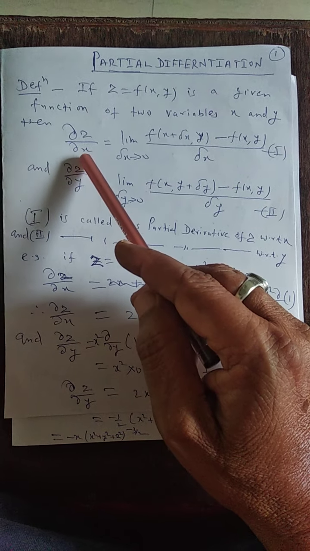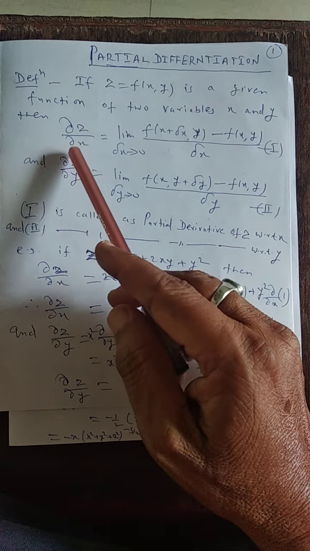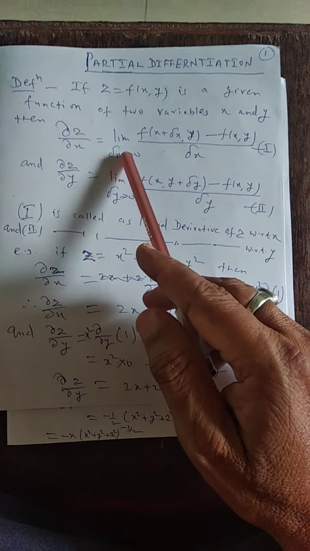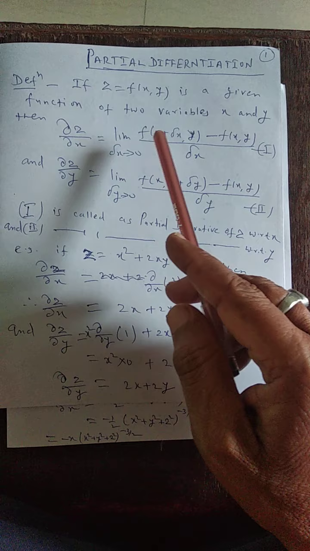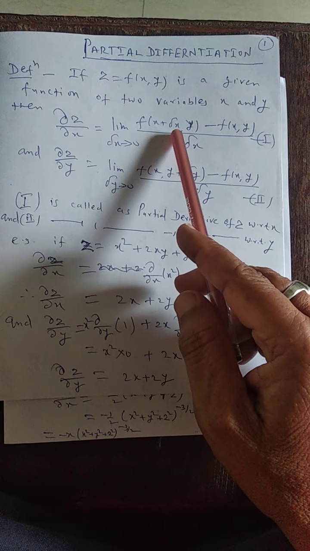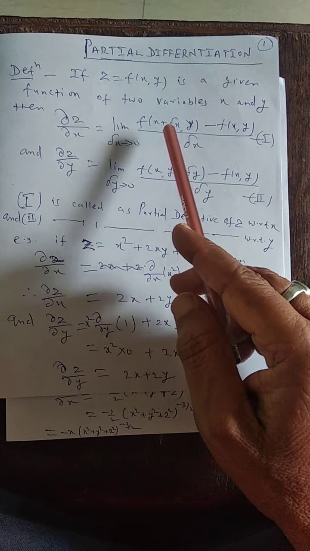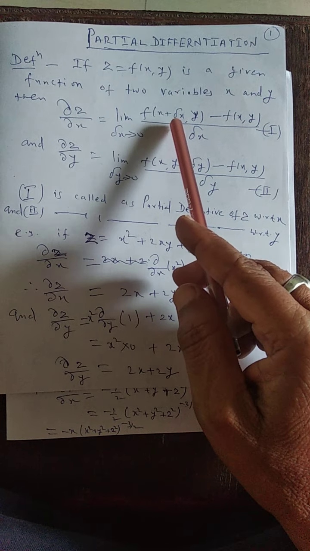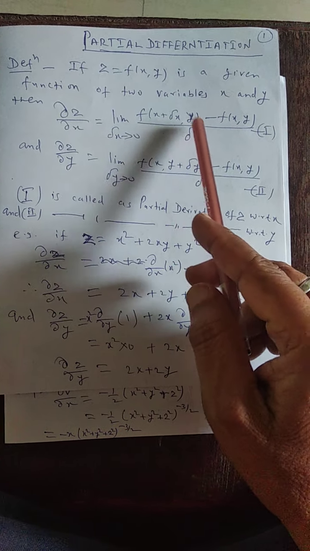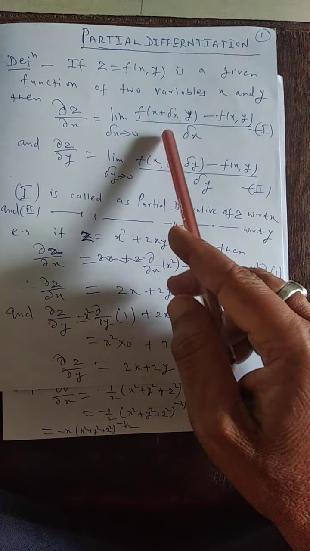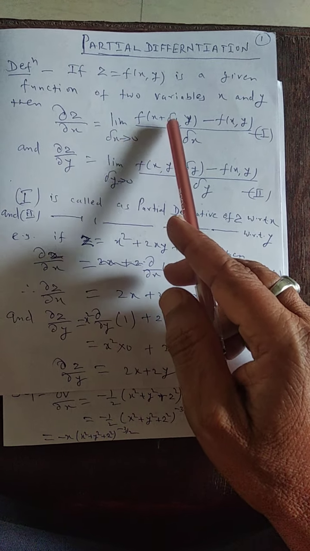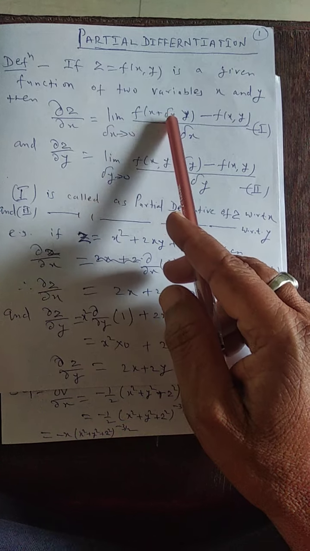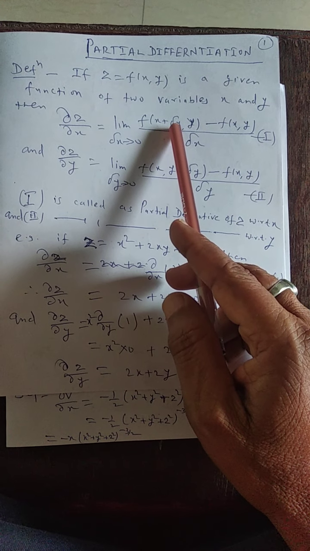Now here it is a partial derivative, and the partial derivative of z with respect to x is again in terms of limit of f(x plus delta x, y) minus f(x,y). Delta x is small change in x, or you can write h also, but here the correct term is delta x. Delta x is small increment in x.